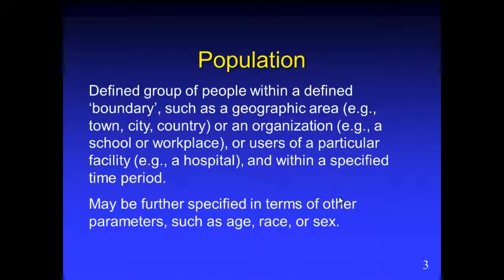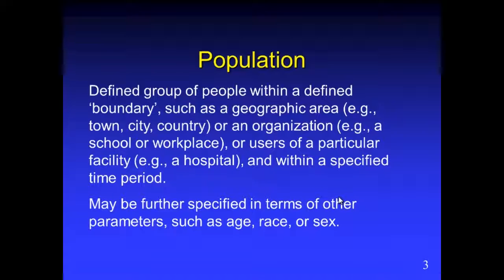So population is a defined group of people within a defined boundary. That boundary can be a geographic area, it can be some sort of organization, and it may be within a particular time frame.